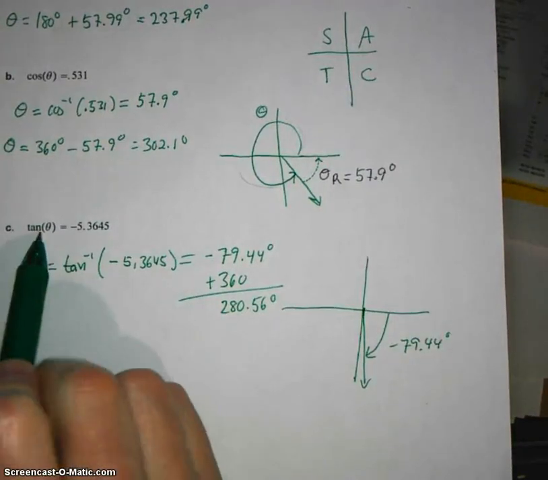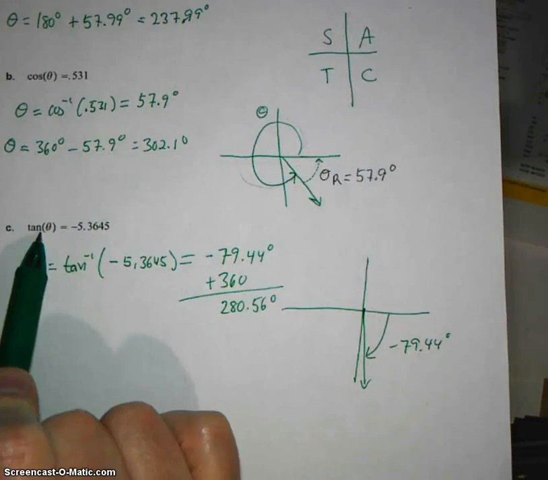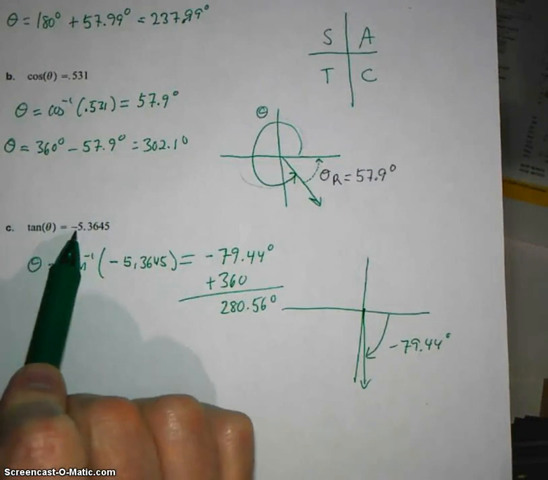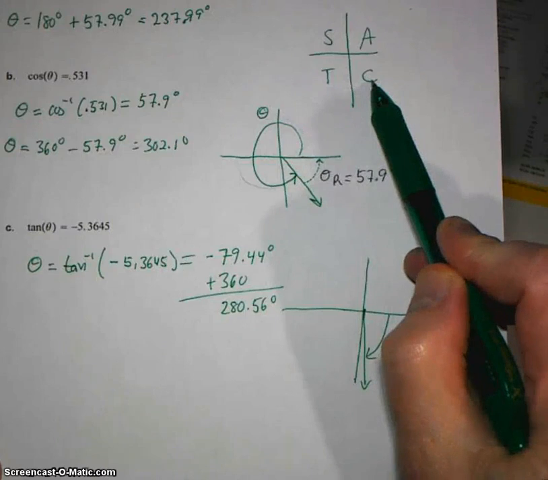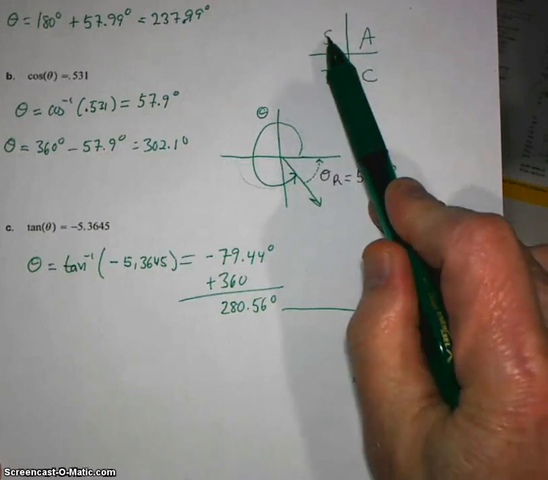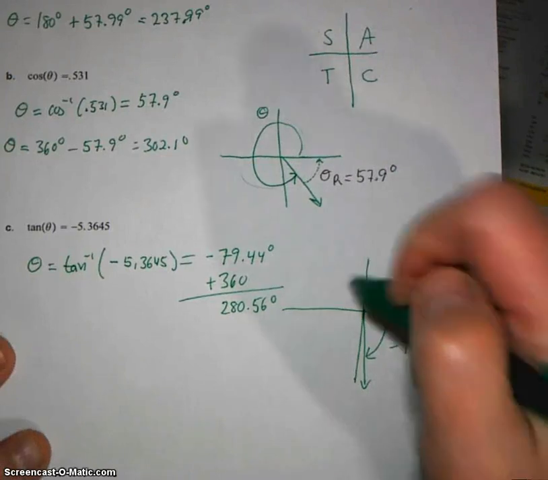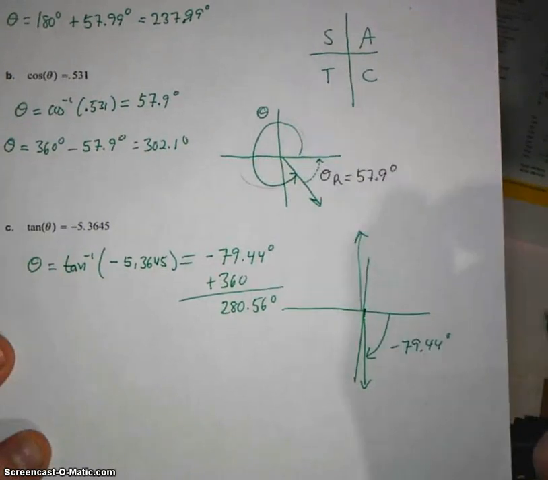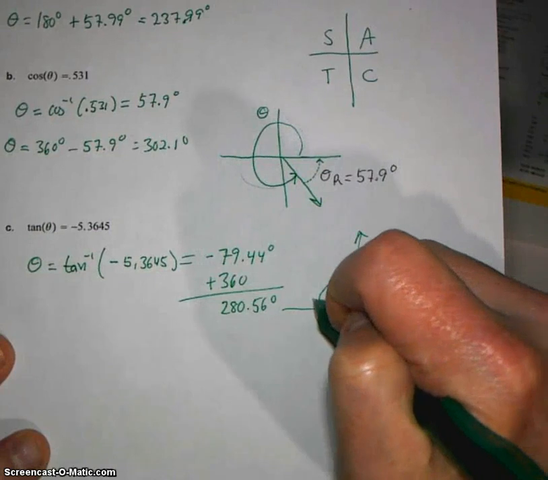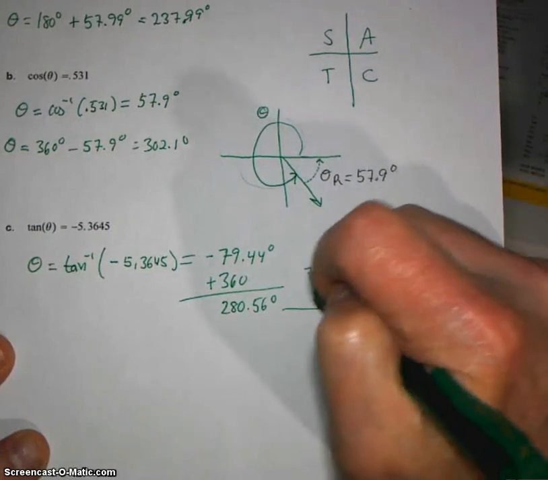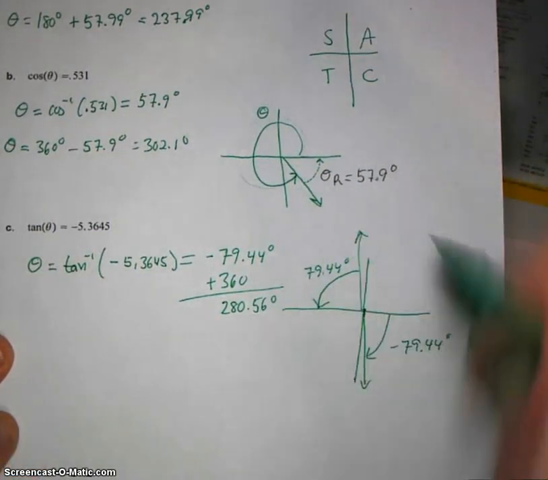Then we're dealing with tangent. So where is the other answer? Tangent is negative in quadrant 4. We got that answer. Tangent is also negative in quadrant 2. So we need a quadrant 2 answer. That's not very straight, but you get the idea. What we know is the reference angle. Remember, the reference angle always goes to the x-axis.